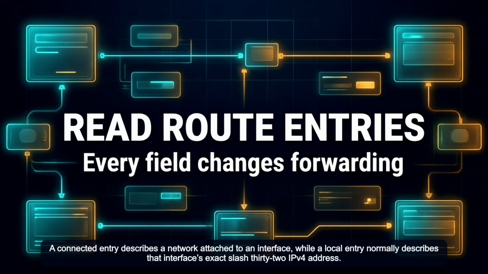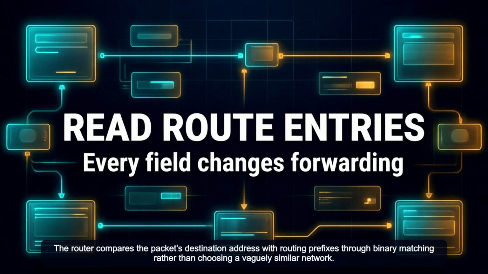A connected entry describes a network attached to an interface, while a local entry normally describes that interface's exact /32 IPv4 address. The router compares the packet's destination address with routing prefixes through binary matching rather than choosing a vaguely similar network.